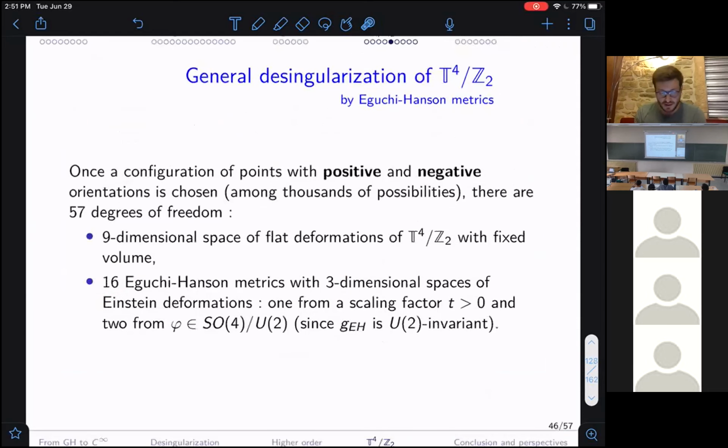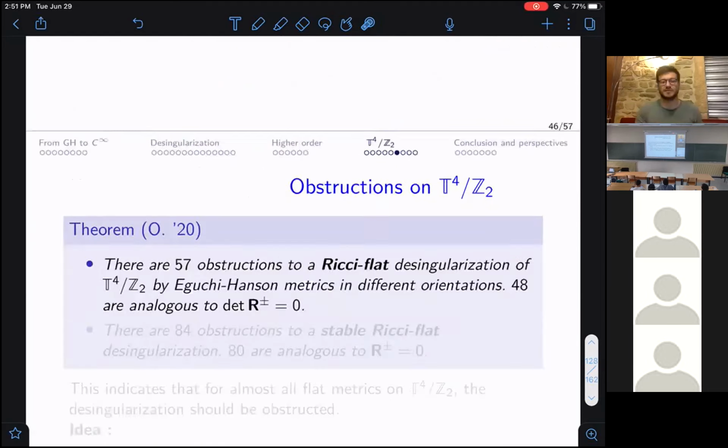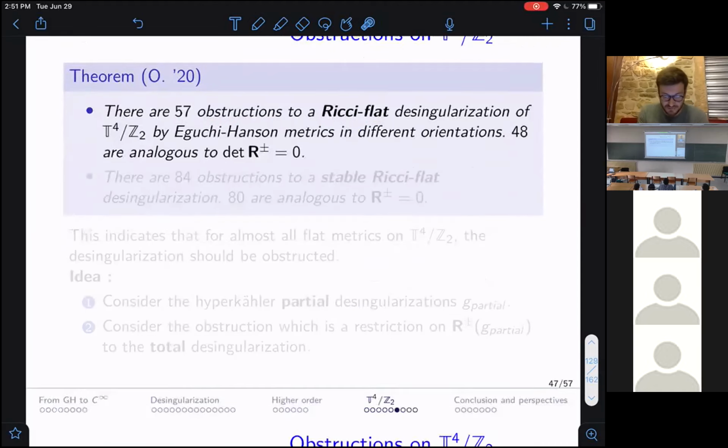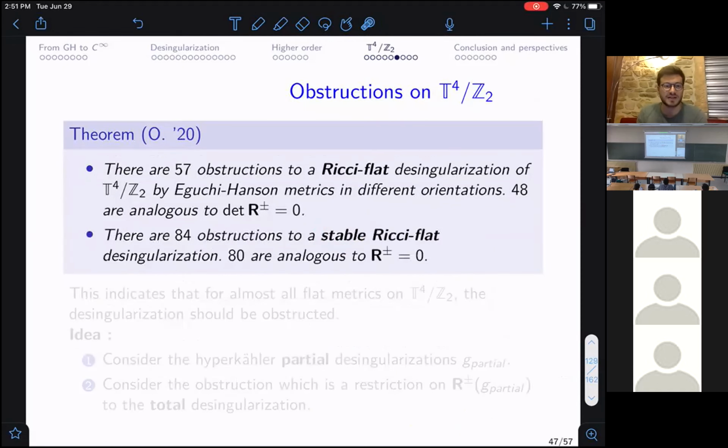My result is that, we had 57 degrees of freedom, but we also have 57 polynomial equations to satisfy. So in general, just to have a Ricci flat desingularization, you have 57 obstructions to satisfy. And if you add the term stable, then it's 84 obstructions. So there are many more obstructions than there are degrees of freedom.